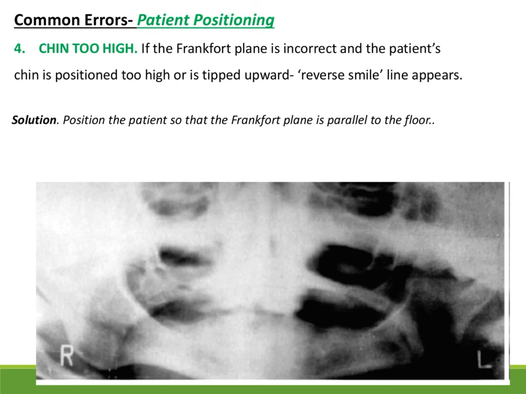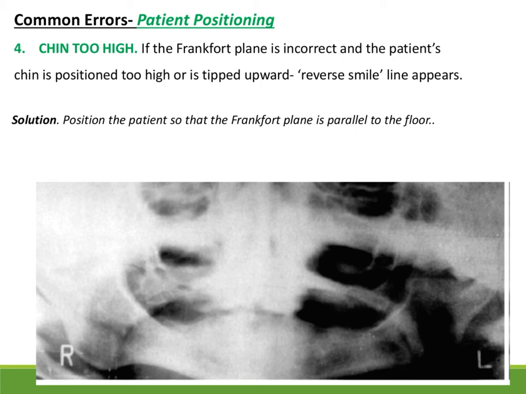You know that when you adjust the Frankfort's horizontal plane parallel to the floor, the head of the patient is tilted a little bit down to make the Frankfort's horizontal plane parallel to the floor. If the Frankfort's plane is incorrect and the patient's chin is positioned too high, that means instead of the head tipping down, the head is tipping up.